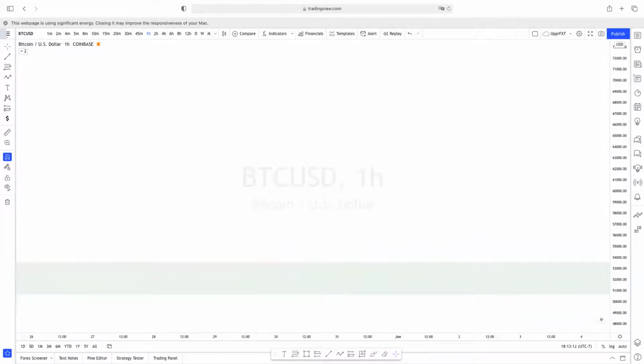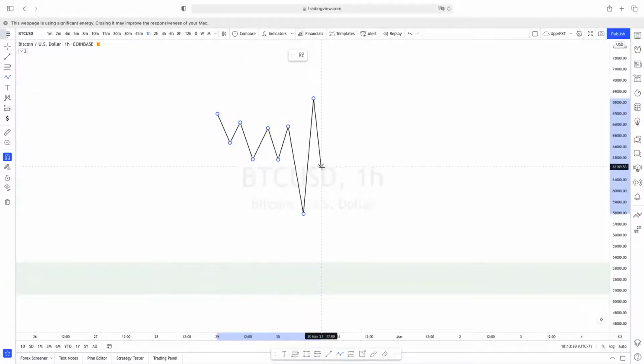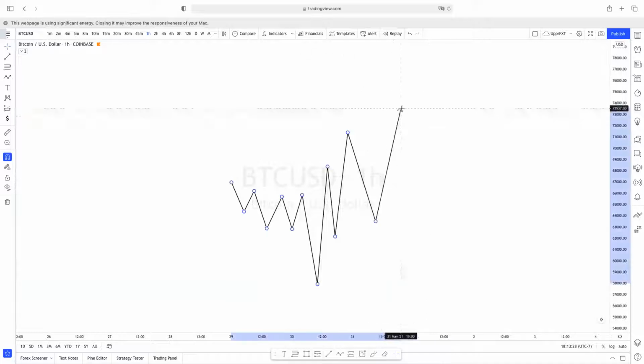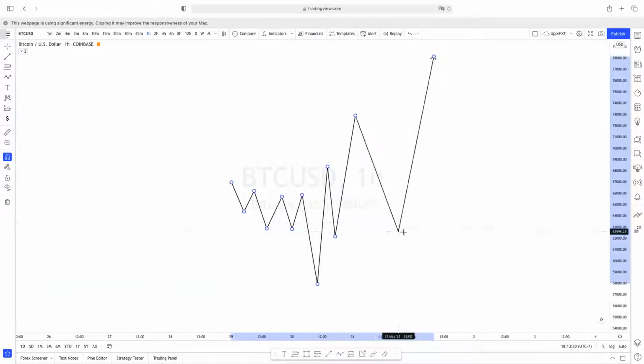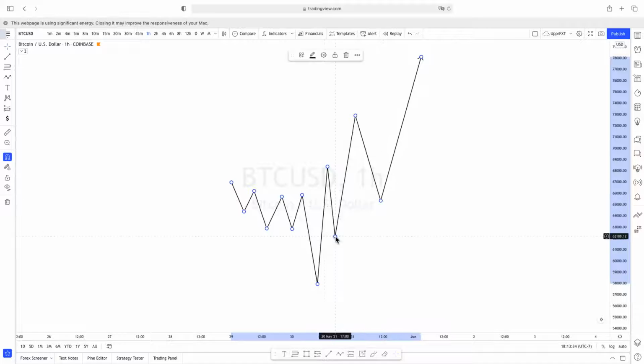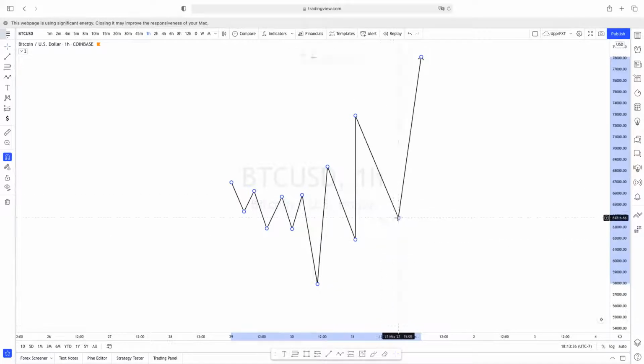scenario 3 is, say we do have price come down, right? Creating lows, mitigating them, boom, we're going higher. Let me give myself some more room. And we're going higher, right? Say there's an imbalance. Say this is price.